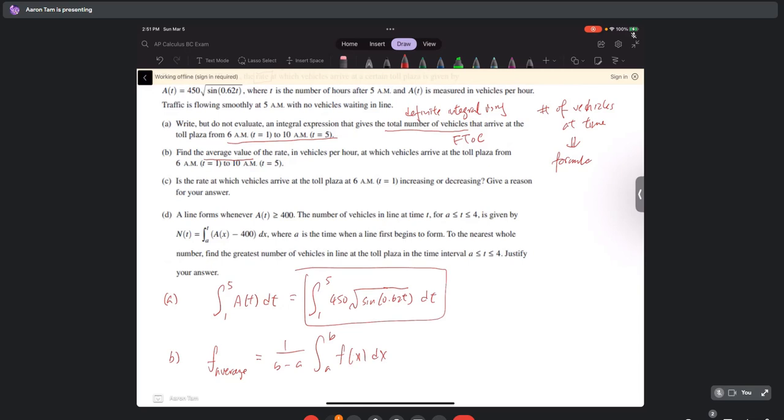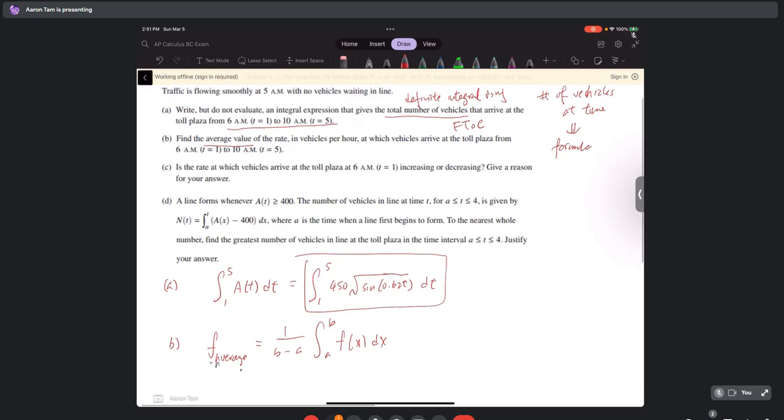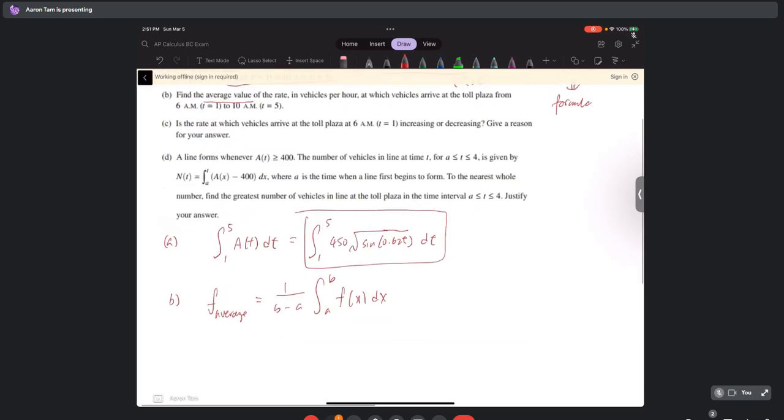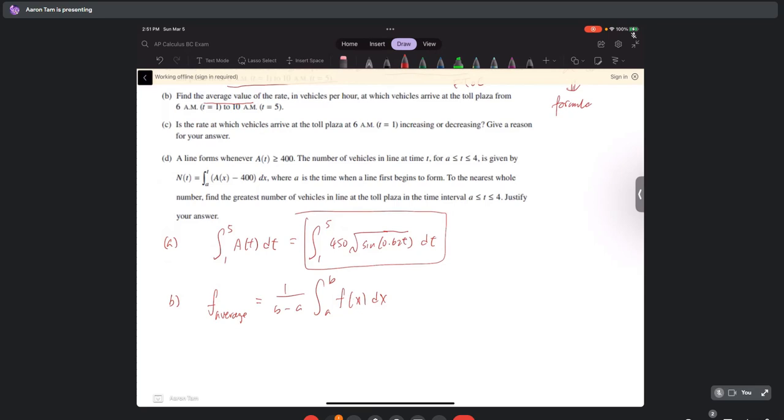So that's the average value formula. What we're going to basically do is literally that, because we're looking for the average of A. So for us, in this problem, to find the average value of the rate, the average value of the rate is basically equal to 1 over 5 minus 1, integral from 1 to 5, 450 square root sine 0.62t dt.